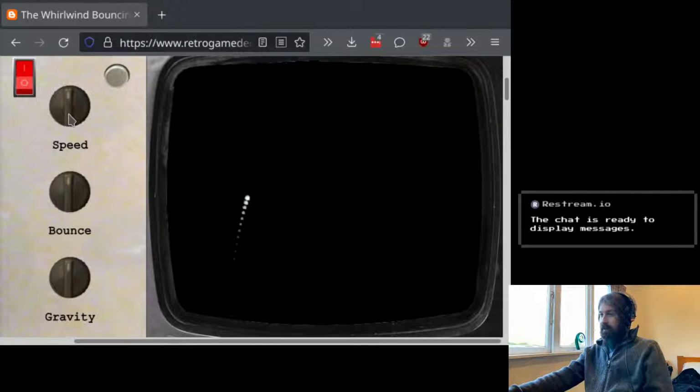You can tweak them in order to try to get the ball to fall into that hole.